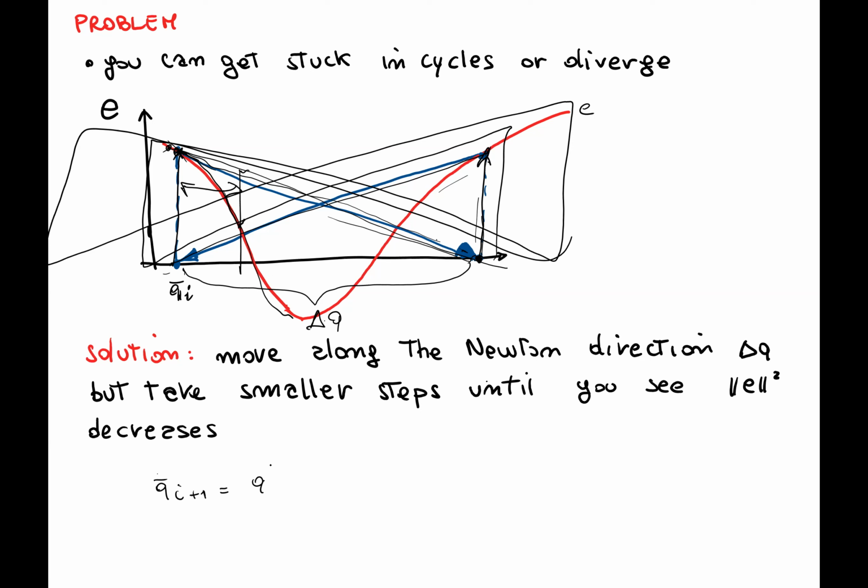So if the step is like, I don't know, here, for example, we have no decrease of the error because this point is here, but already in this point we have a decrease of the error, because the error now is here. So the error decreases. So take smaller steps where delta Q is computed as before. And this is called step size.